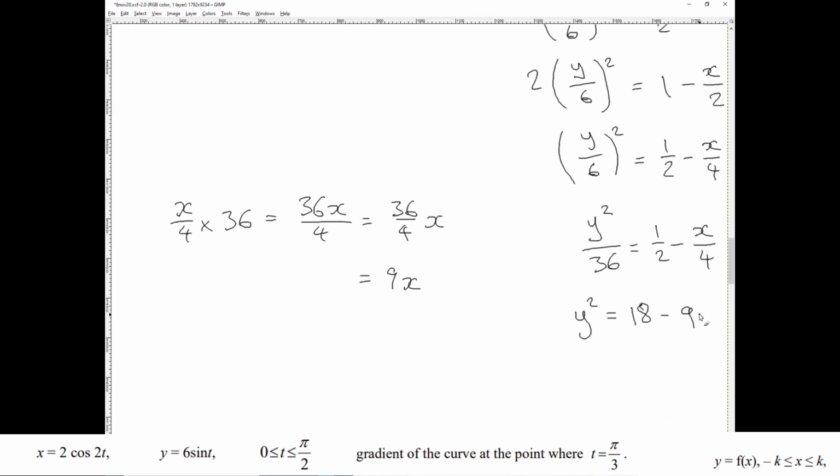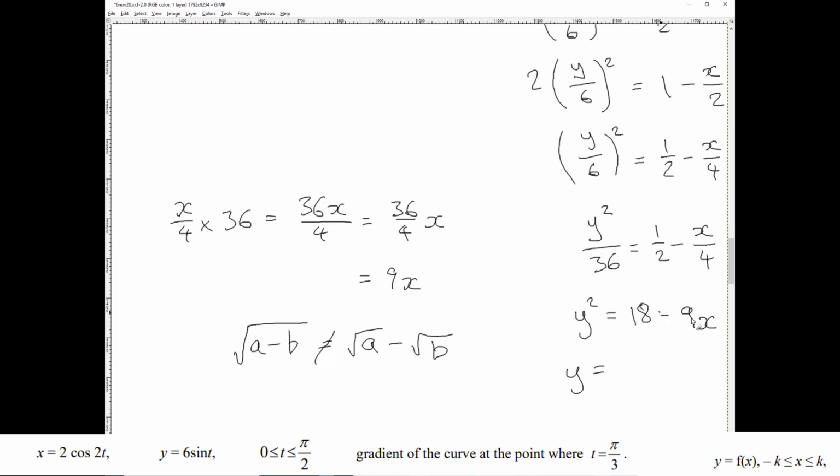So minus 9x, so then y equals plus or minus 3. Ouch. Is it true? No, that's not true, is it? No, I forgot about the x.